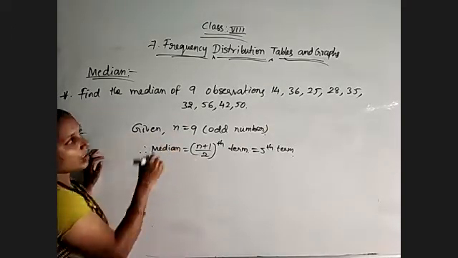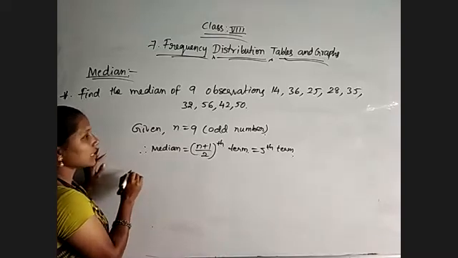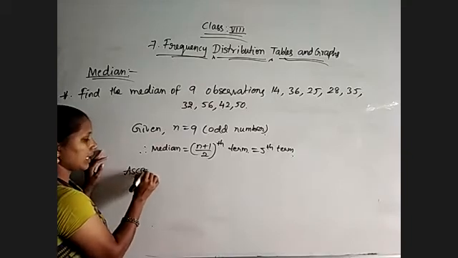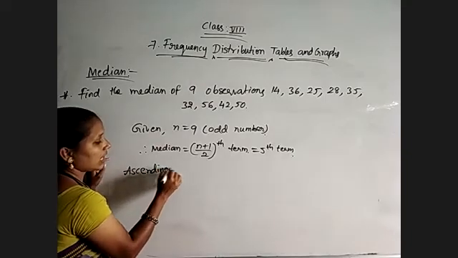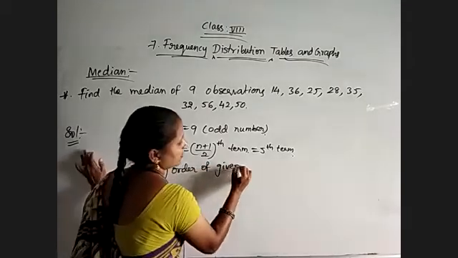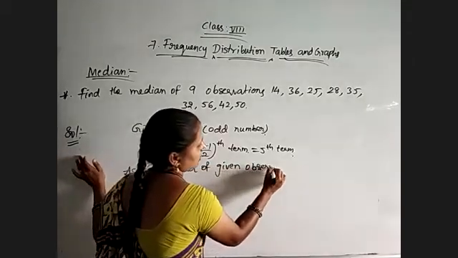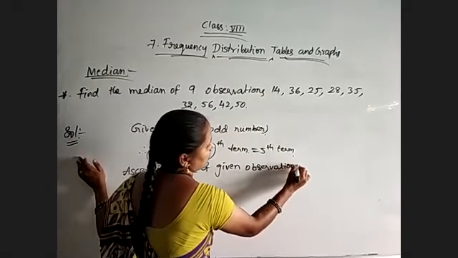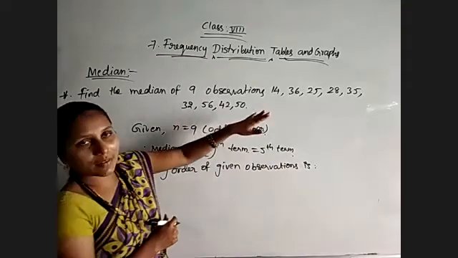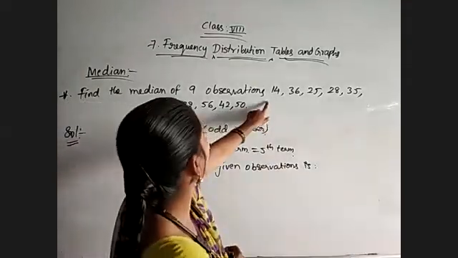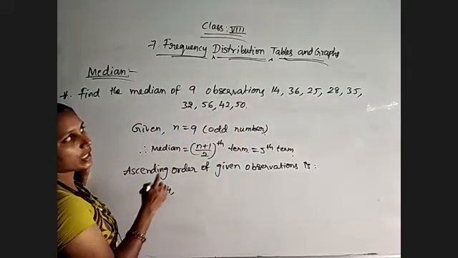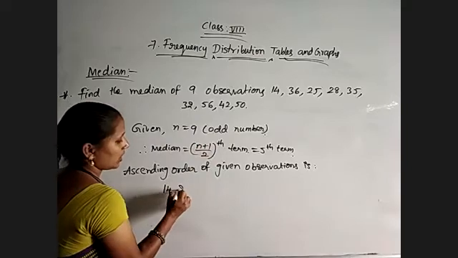Now, arrange the given data in ascending order. Ascending or descending, any order. First observe the given observations. Which one is smaller here? 14. So next in the 20s we have 25, 28.